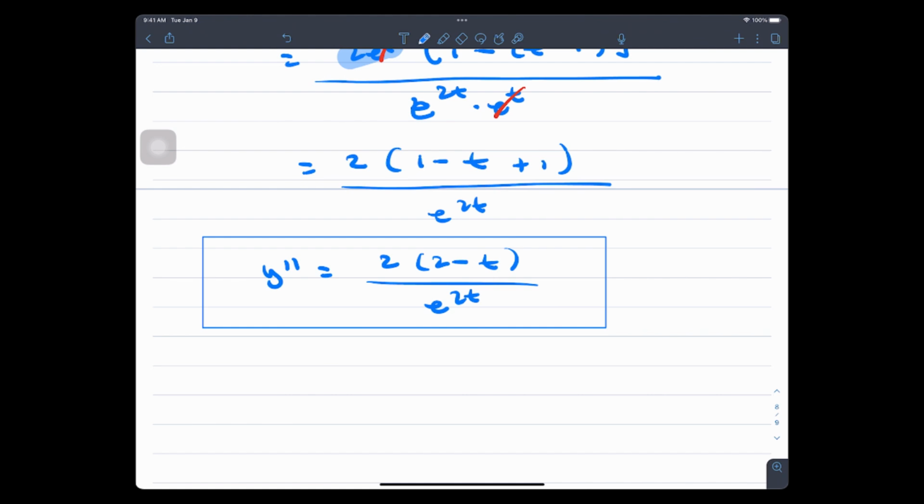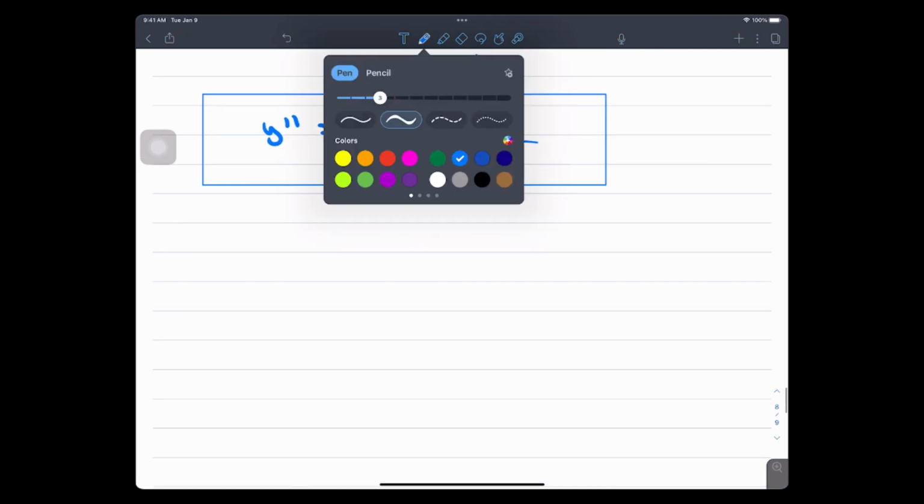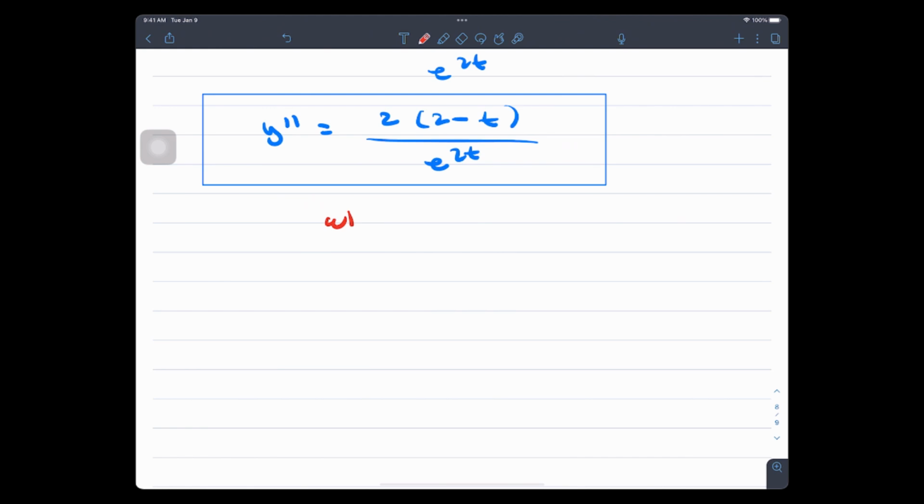Now, I want to make sure something makes some sense, though. Let's note something here. Remember we asked the original question about concavity?